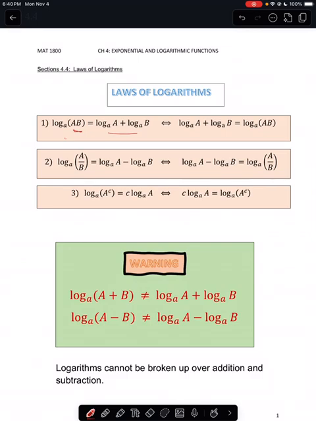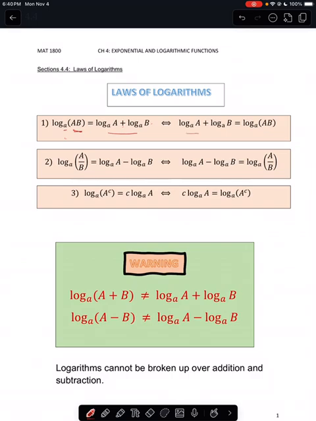Basically it goes both ways. So if you have log of a product of two quantities, so log of a times b to any base, it will be equal to log of a, the first quantity, plus the log of b. So when log distributes, it changes the multiplication sign to addition sign, and it goes both ways.